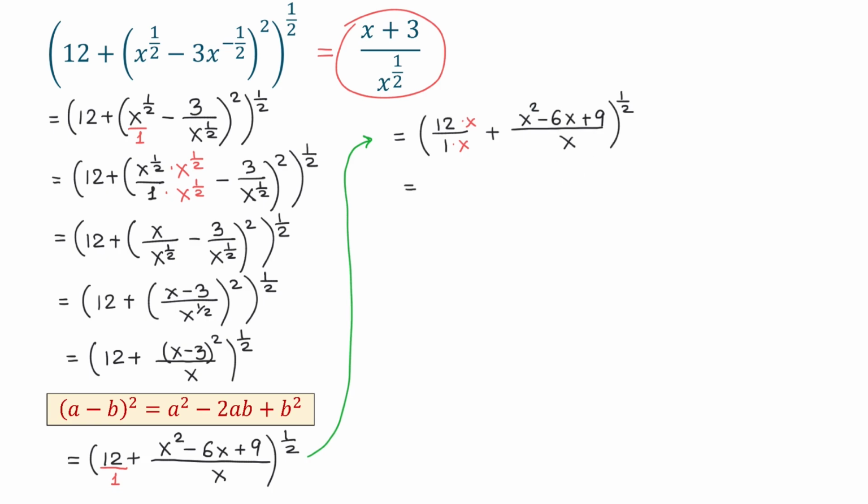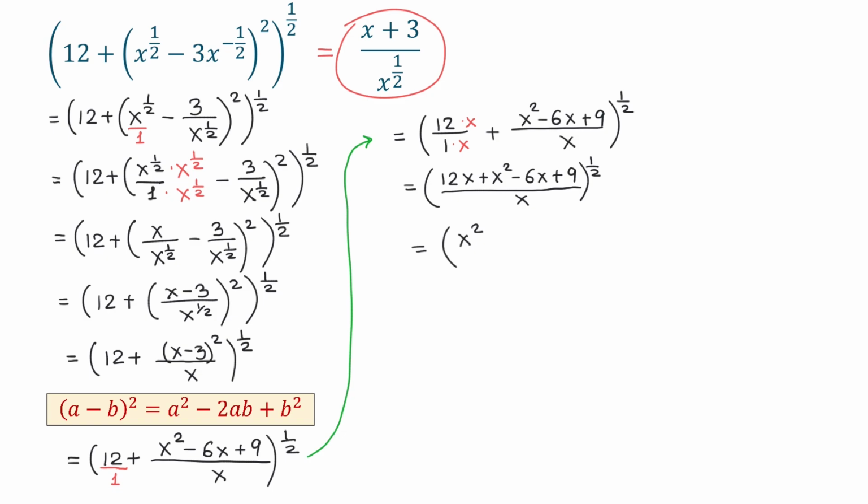So now we will have 12x plus x squared minus 6x plus 9 over x to the 1/2. Then in the numerator we will subtract 12x minus 6x, and we will have x squared.